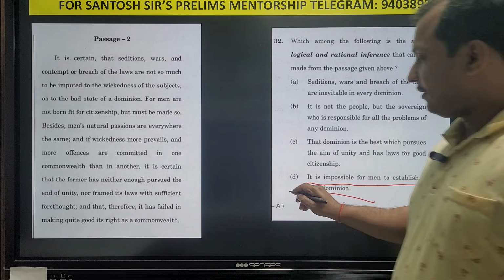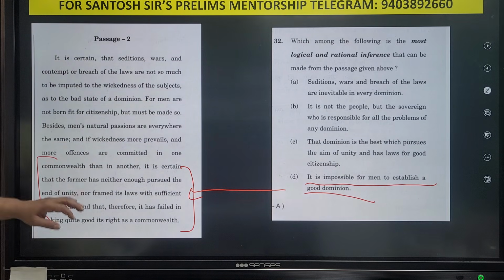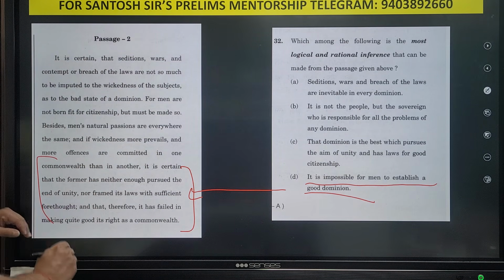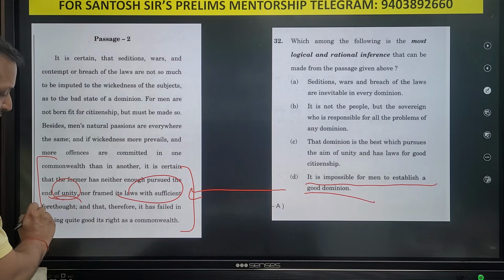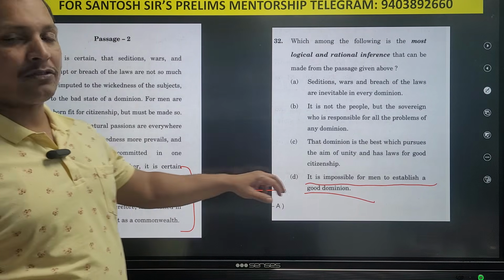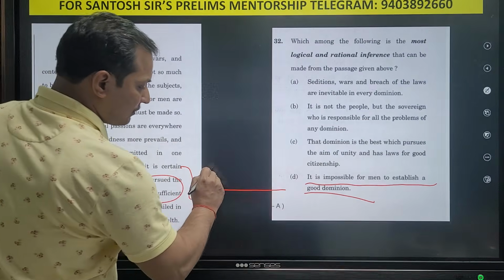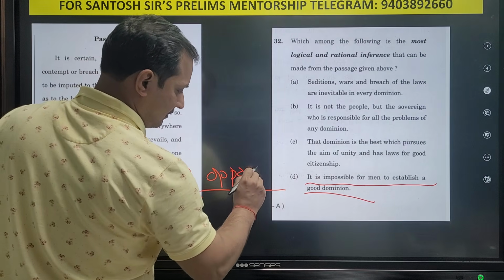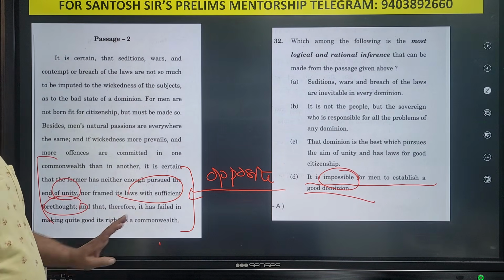If you read this, they have said that good dominion can be set up only when there is unity and laws are framed with forethought. So how can it be impossible to set up a good dominion? This is opposite of what is given in the passage. It is an extreme statement, but it is also opposite of what is given in the passage.